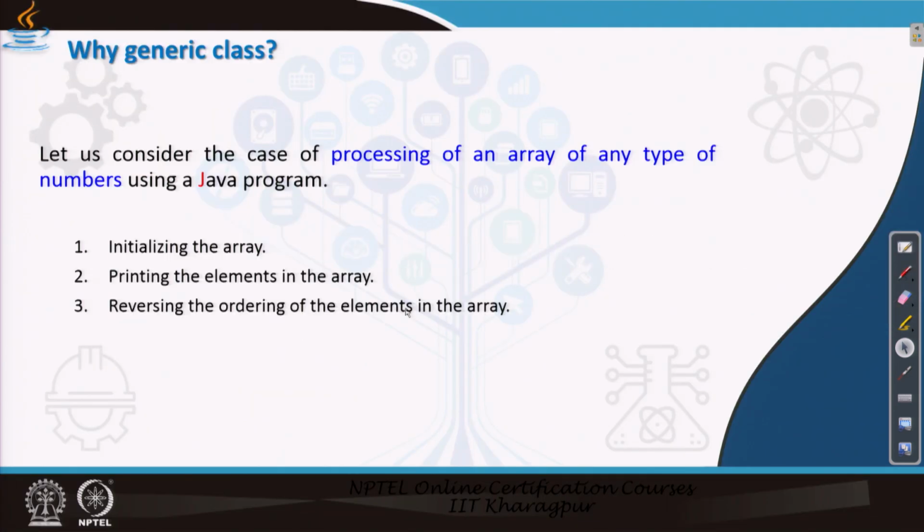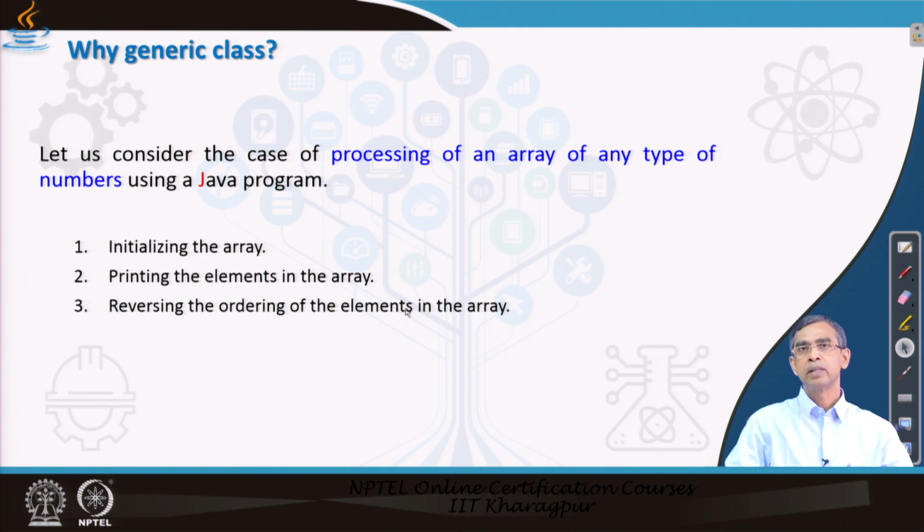Now, let us first have the idea about the concept of a generic class. The concept is that if we can define a class, that is a program, and if the class is generic, this means that it can hold any type of data in it. First let us explain this concept with an example.